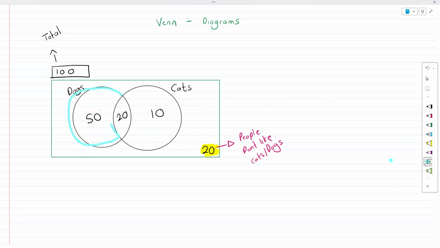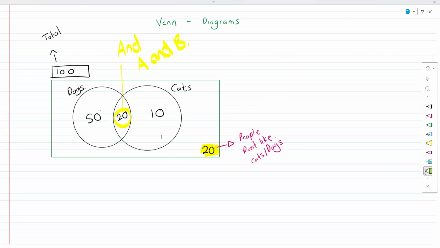So we need to be able to figure out what the question wants because this is the people that like and. So I'm going to highlight stuff. This is the people that like and. In the exam, you might see it as A and B. But in this question, we see it as cats and dogs.